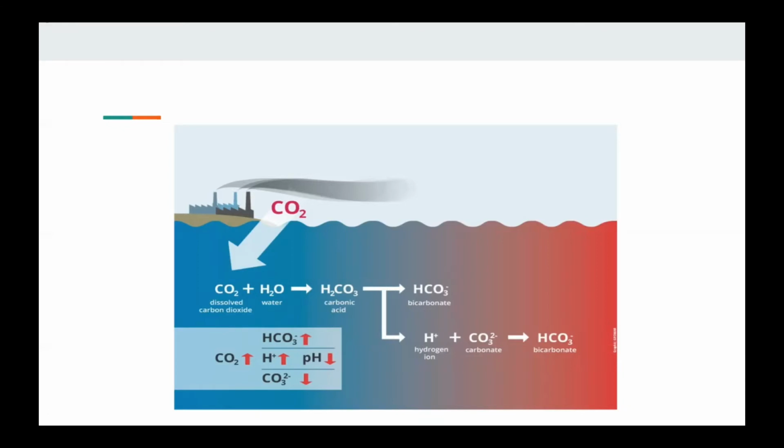This carbonic acid is then broken down into bicarbonate and hydrogen ions, and the presence of hydrogen ions is what makes the ocean more acidic. These free hydrogen ions, though, bind to more carbonates, which are the things that the organisms need to build their shells, and makes bicarbonate, which causes the ocean's pH to decrease.